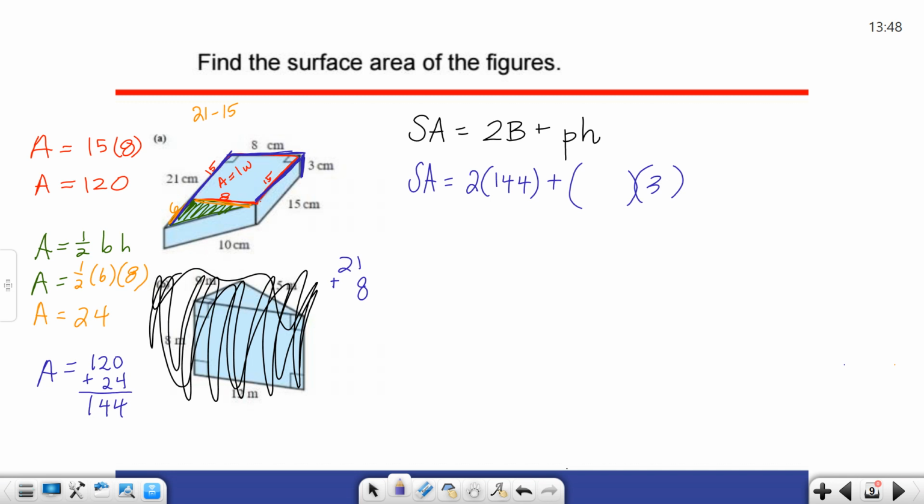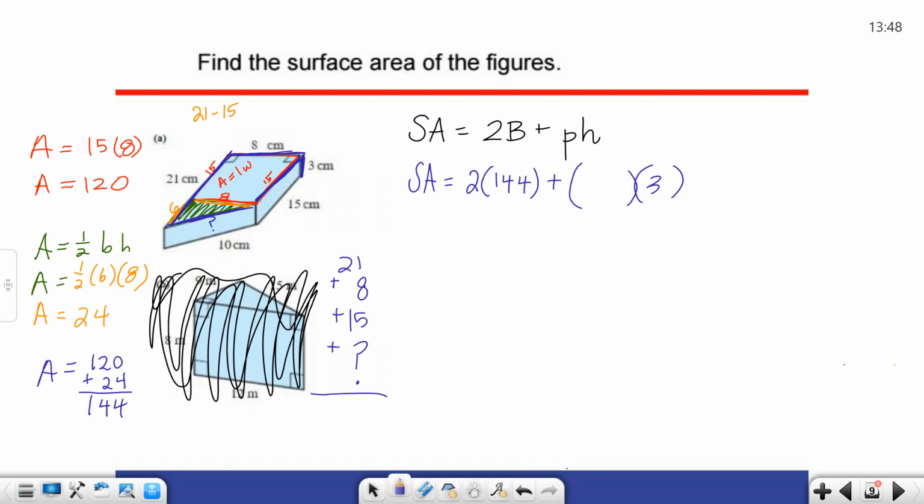I get 15 on this side. Uh-oh, I'm missing one. I don't know what this side is. And I must admit that caught me off guard. I wasn't expecting to not know that side just then. So what we're going to have to do is figure out what that side would be.